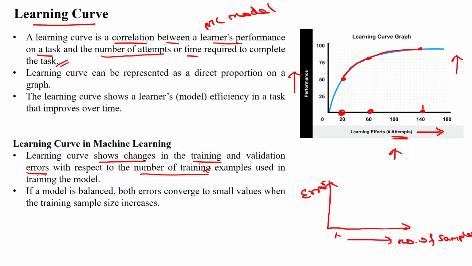When you are giving 100 samples, there is the possibility of error here. Then when you are increasing to 200 samples, there is the possibility of decreasing error. When you are increasing to 1000 samples, there is the possibility of decreasing error like this. So your learning curve is coming like this.